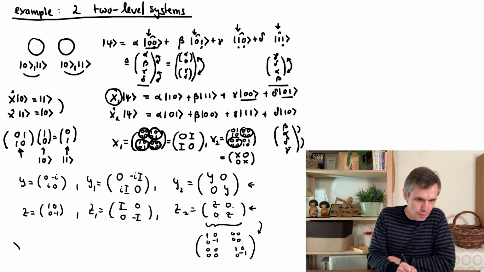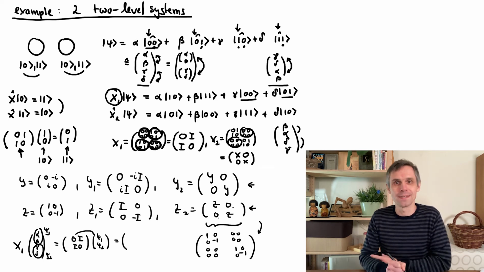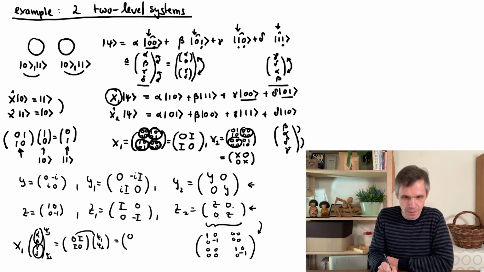So for instance, when we want to multiply this matrix x1 with a vector made out of these components alpha, beta, gamma, delta, then we can just group these into some symbols, say psi1 and psi2, into two mini-vectors. And then work out our matrix multiplication so that we obtain 0 times psi1 plus 1 times psi2, but these are now matrix times vector multiplications, but this does not really matter.